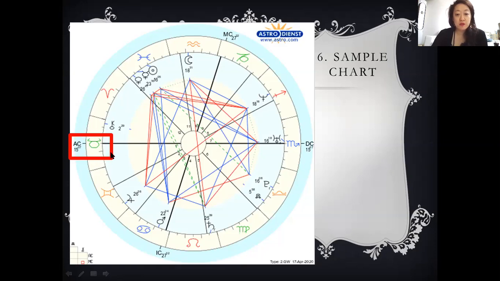If you look at the opposite side, which is the DC, as you can see, they share the same degree. Remember, the 7th house has a lot to do with your spouse or the other, meaning dealing with your clients or customers. It could be your spouse, the person you marry, or a business partner.